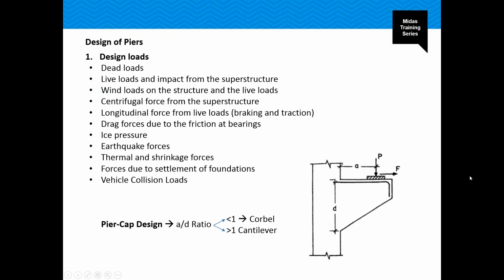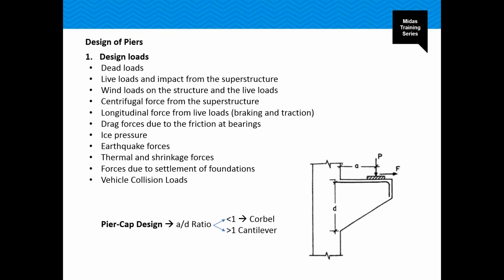So coming to the design part of piers. The design of a pier or column is performed to fulfill strength and serviceability requirements. For the design of piers, the first step is to calculate the design loads acting on the pier.